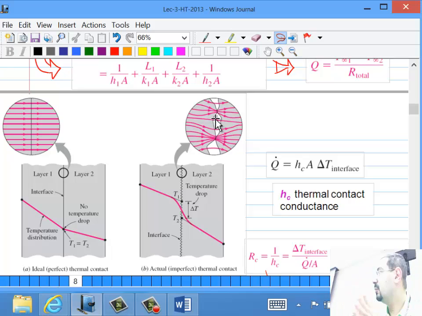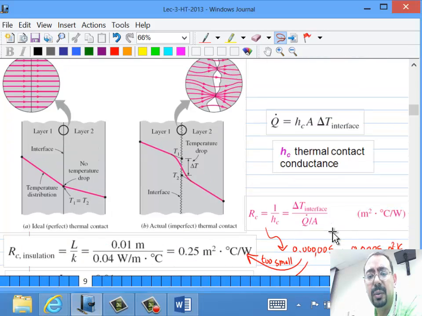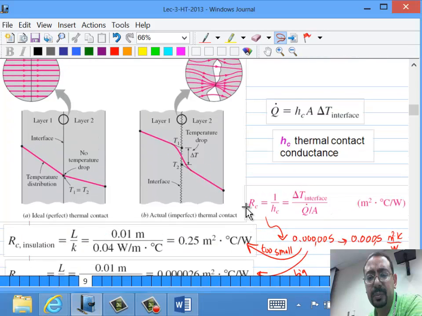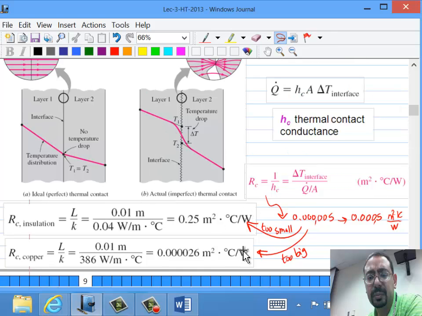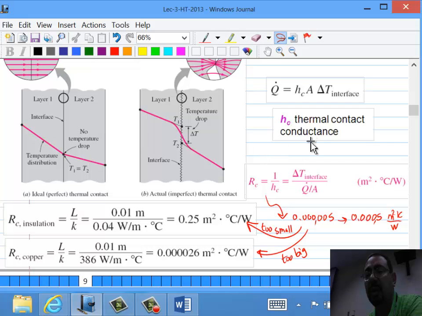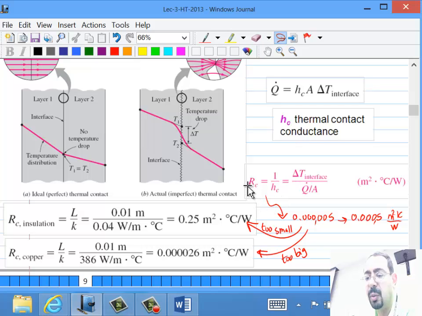So the resistance of this air layer is basically called the thermal conductance. They give it in the form of 1 over HA. All right? And so from our calculation point of view, we'd basically put this in units of resistance.